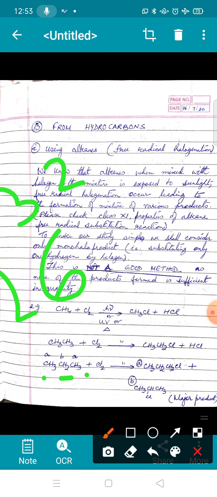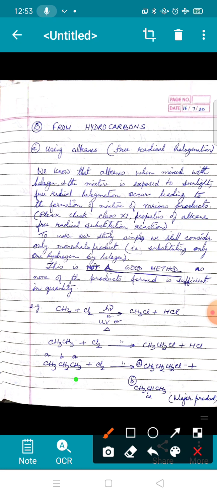Now we have 2:6. So this is a different environment. We label it as B type. Now when we move to this again, which I have labeled as A, here also we find this carbon having 3 hydrogens of its own and 2 hydrogens in the neighborhood. So same as this. So this is also labeled as A.